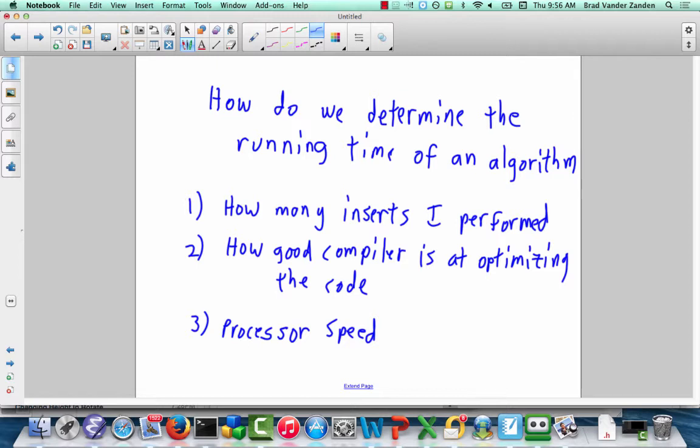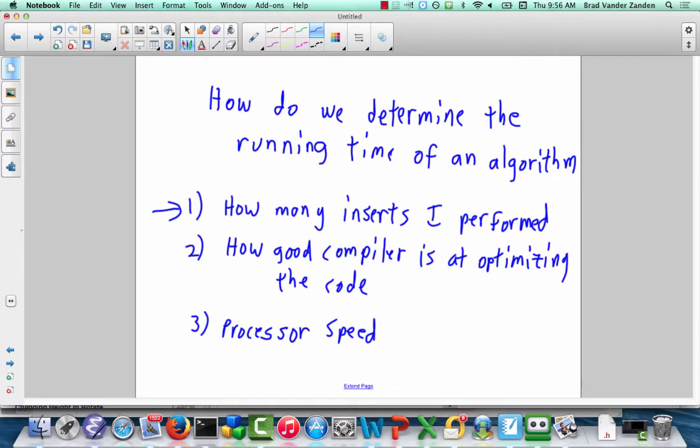So what I'm trying to get at here is that there are certain things beyond our control when we run this, which is processor speed and how good the compiler is. But the number of inserts I perform, that's something we can get our hands on.